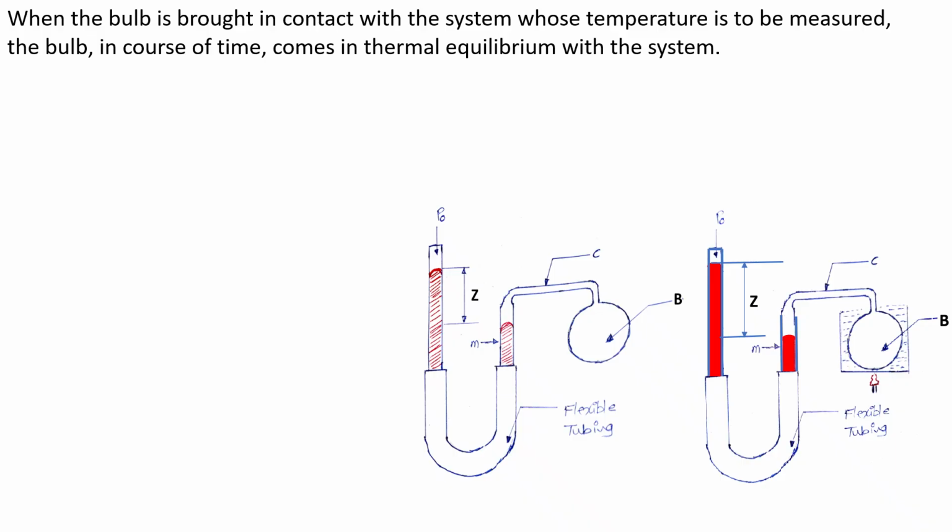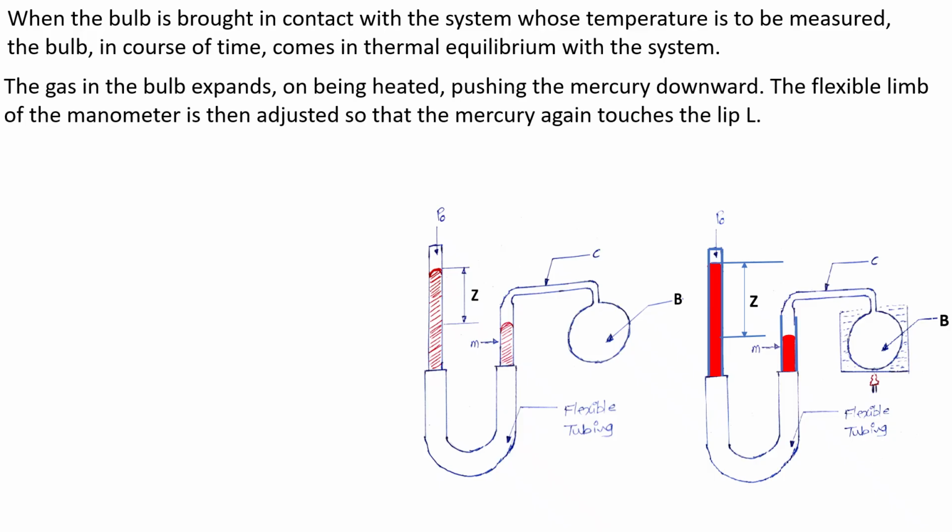When the bulb is brought in contact with the system whose temperature is to be measured, the bulb in the course of time comes into thermal equilibrium with the system. Then the gas in the bulb expands on being heated, pushing the mercury downward.